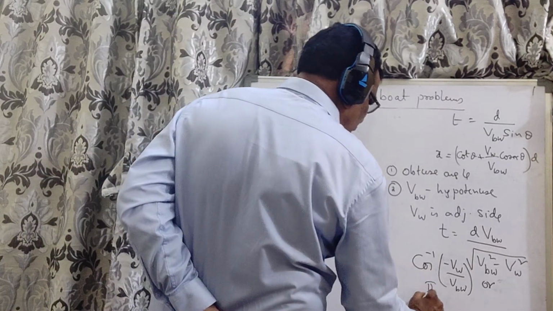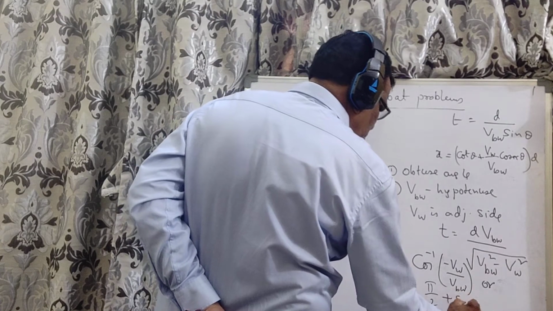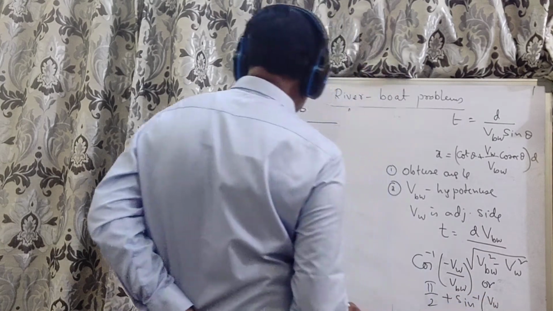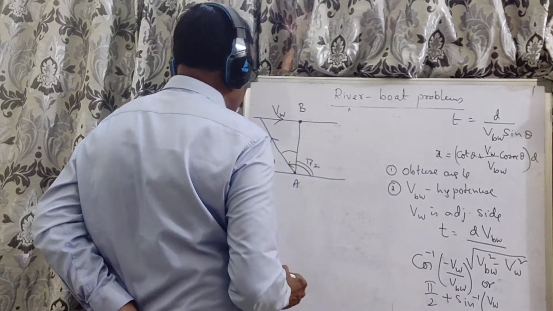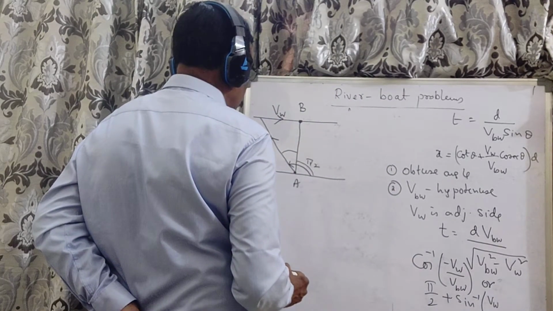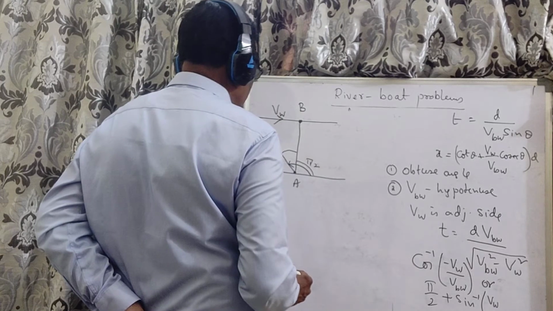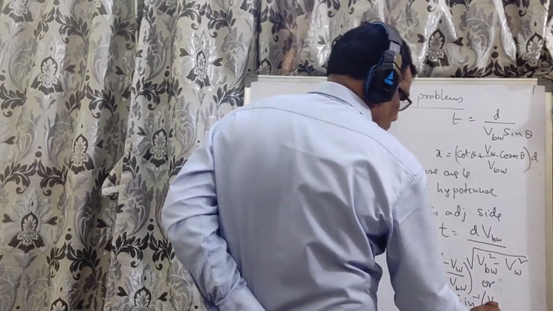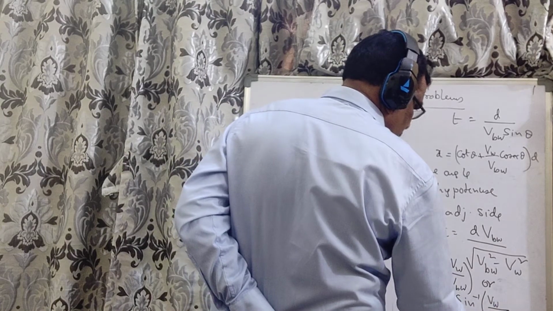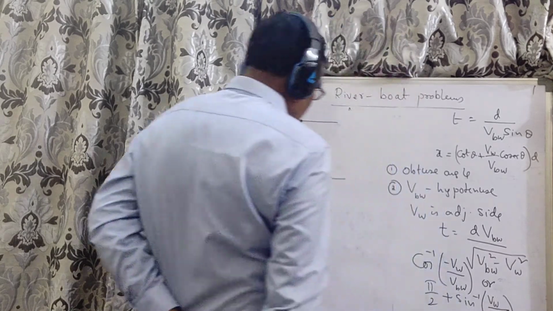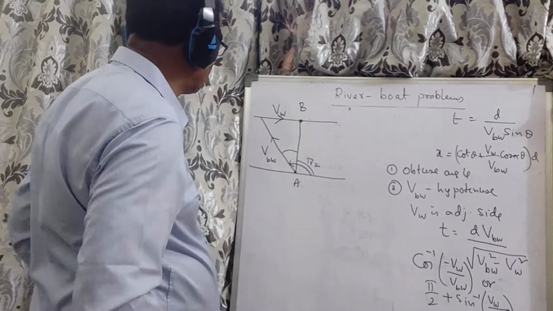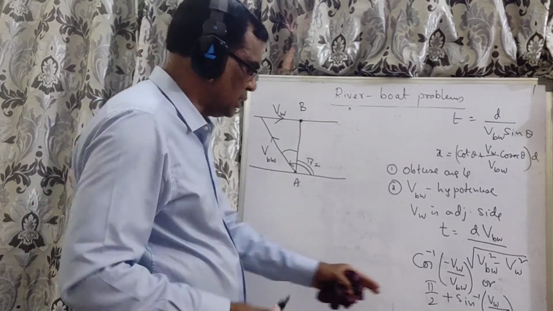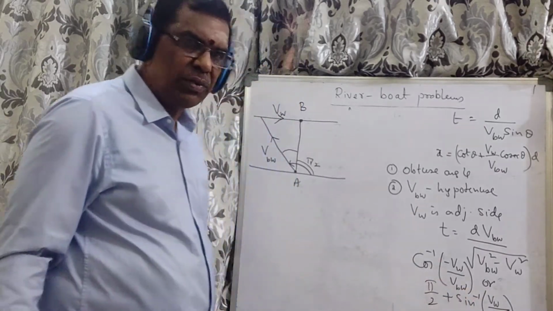So you can write 90 plus sine inverse VW by VBW. Is this clear to you? This is how you have to give that.